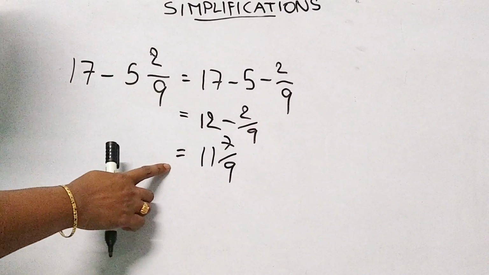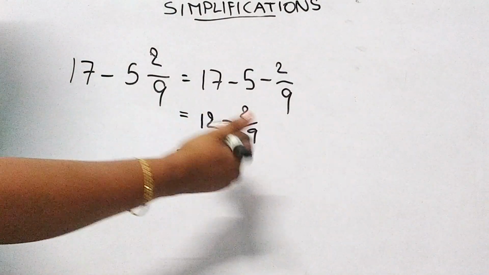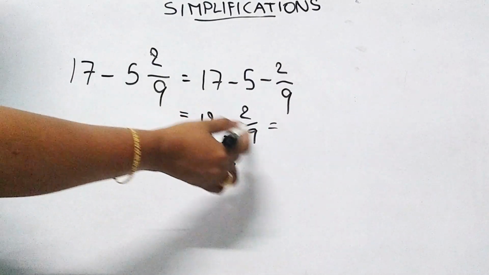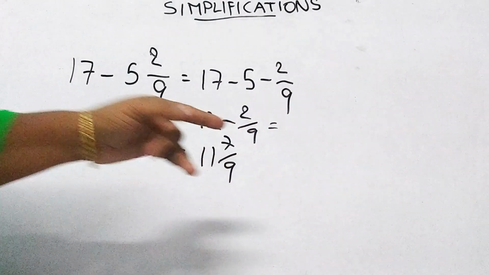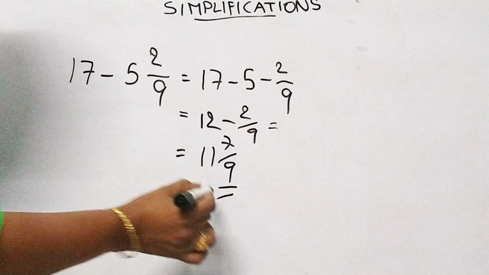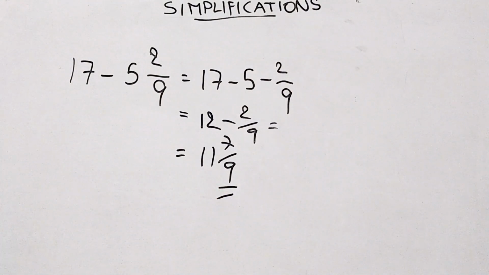Okay, so this is easy. Instead of taking the LCM of 9 and 1, cross multiplying, subtracting, and then dividing, this is very easy compared with our normal method.